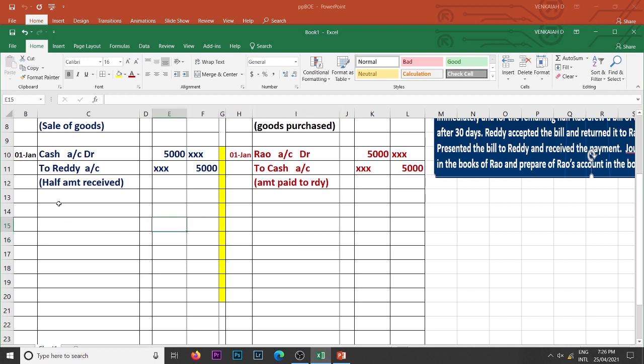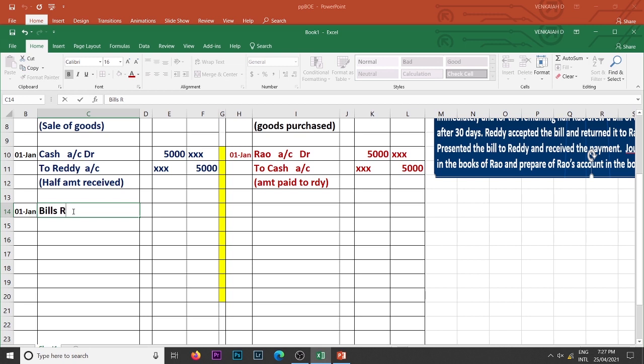Then come to the remaining half, for which he drew a bill. Who drew the bill? Rao drew it on 1st January and sent it to Reddy. Reddy accepted the bill and Rao received the bill. That's why it is called bills receivable.